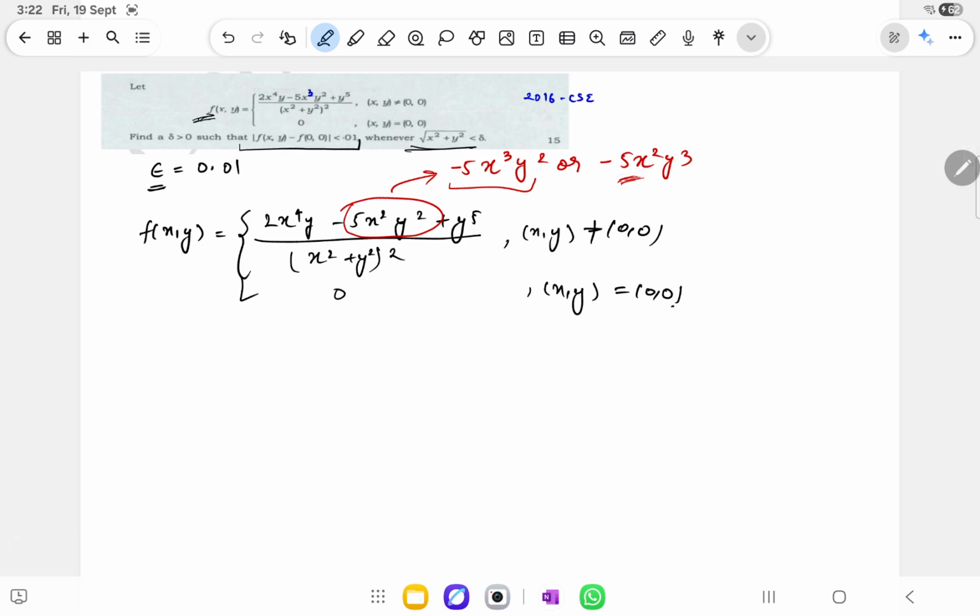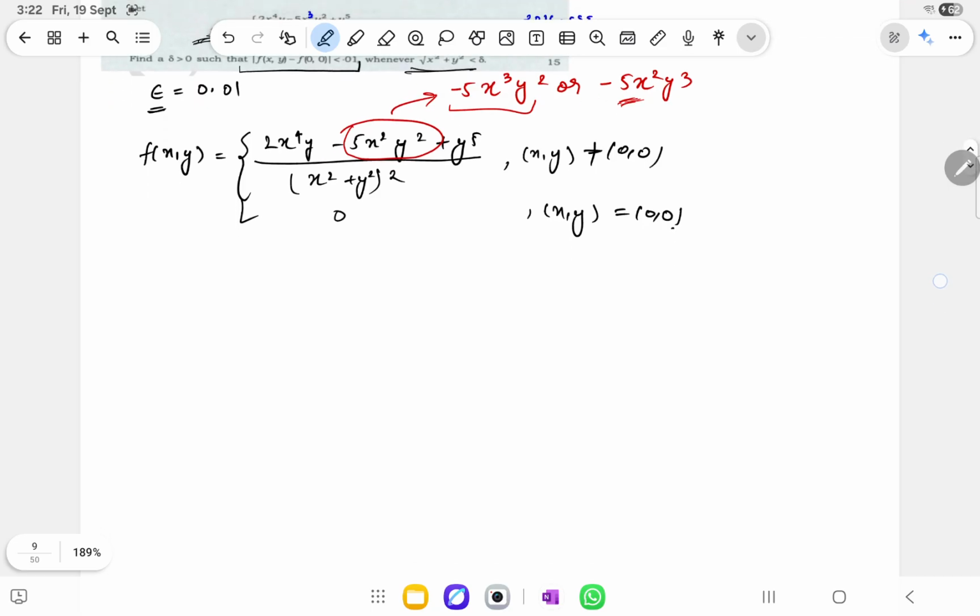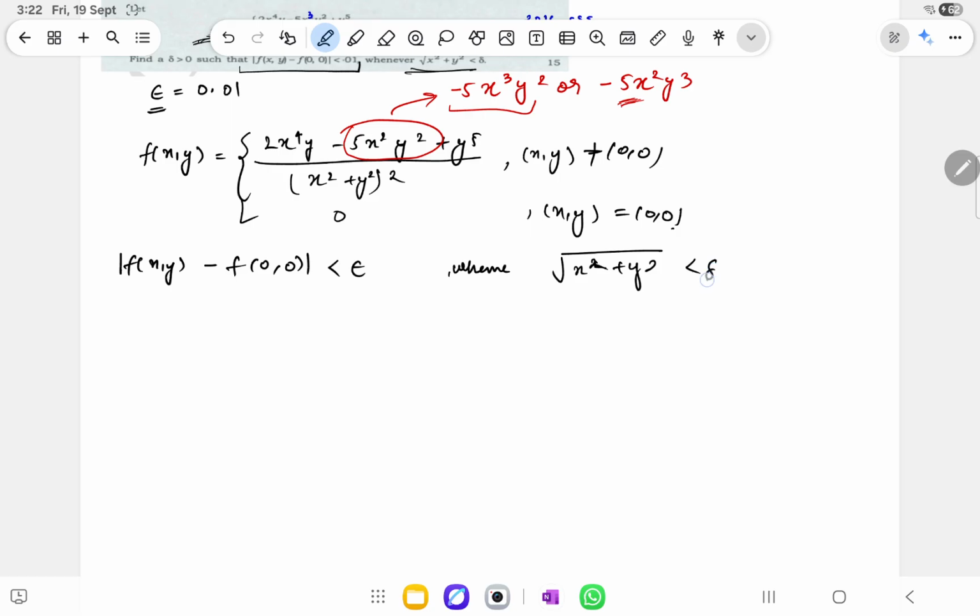It depends on you, whichever you want to take. We are supposed to find a delta such that mod of f(x, y) minus f(0, 0) is less than epsilon whenever square root of x^2 plus y^2 is less than delta. We are supposed to find this delta when our epsilon is 0.01. So let us solve it.